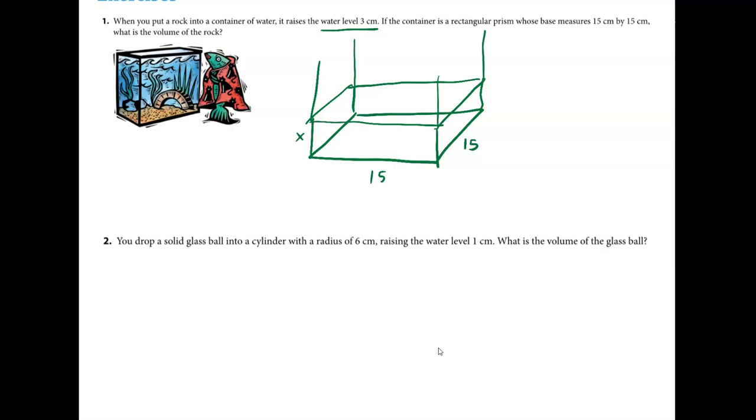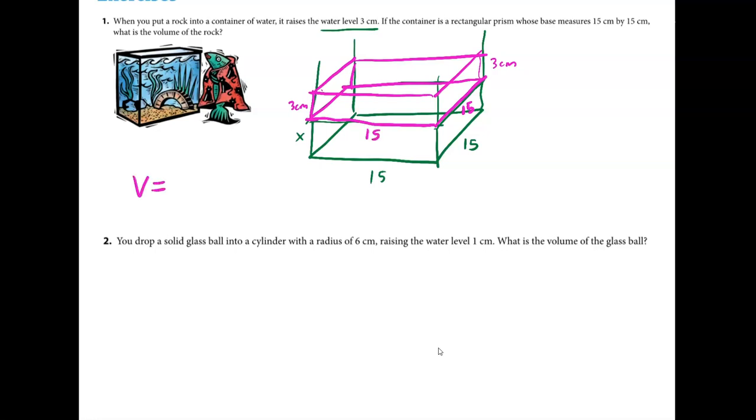When we raise this 3 centimeters, what we're getting is a 3D solid with that same 15 by 15 base and a 3 height. So if we just erase the rest, who cares about what liquid was under it? What we care about is we raise this 3 centimeters, and it's a 15 centimeter by 15 centimeter base.